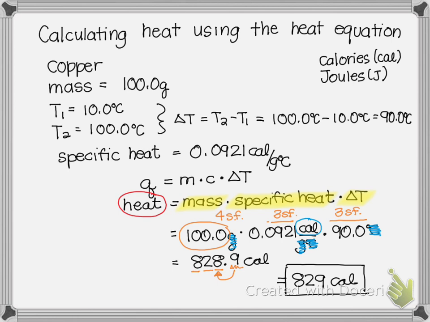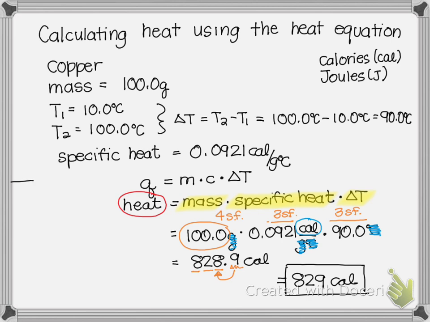All right. Now, in this problem, which is part of the homework, it has a second component. It says the same amount of heat. So they're just saying the 829 calories is added to 100 grams of aluminum at 10 degrees Celsius.